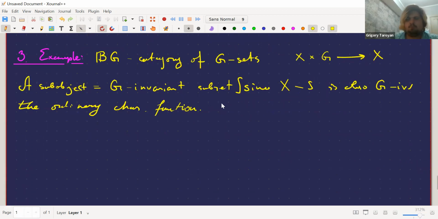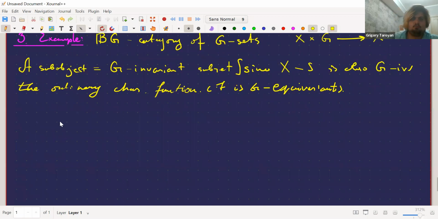Okay, so the ordinary characteristic function will do the job of classifying subobjects because both its domain and the complement of its domain are G invariant. Therefore, the function itself is G equivariant, therefore it satisfies the property of subobject classifier.